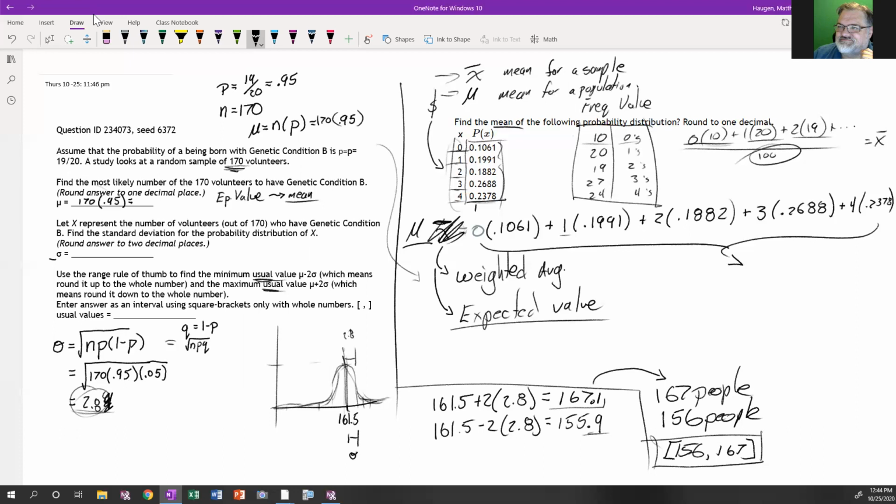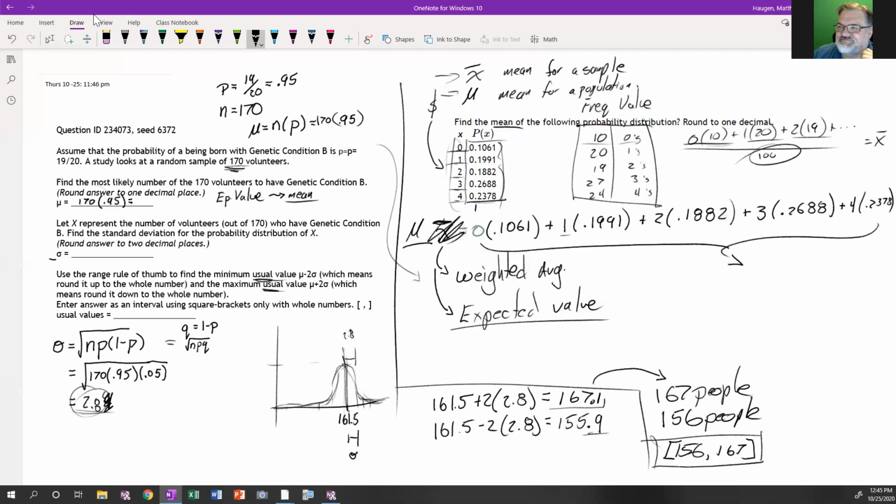So the same ideas for usual. It's 2 standard deviations above and below the mean. Same idea of mean and standard deviation: mean giving us a center, standard deviation giving us a spread. But because we're dealing with these binomial distributions, because we're dealing with probability, we've got different ways of finding standard deviation and mean.